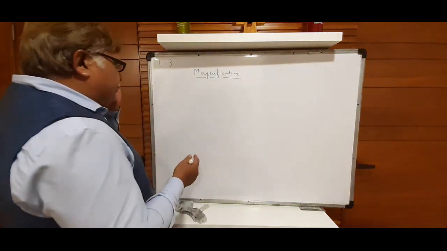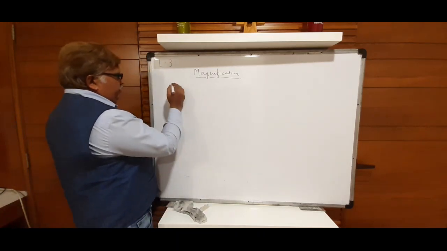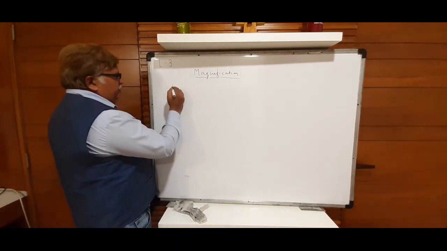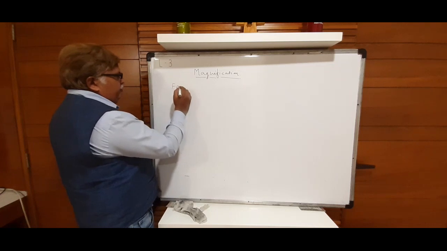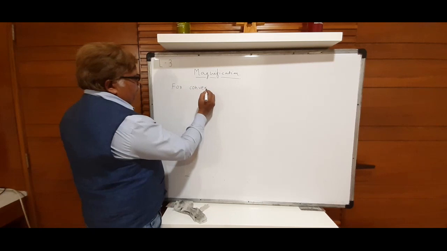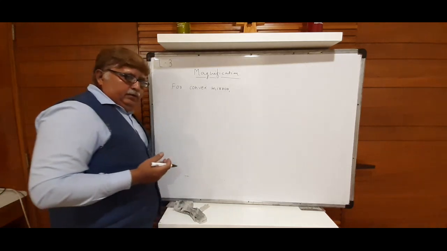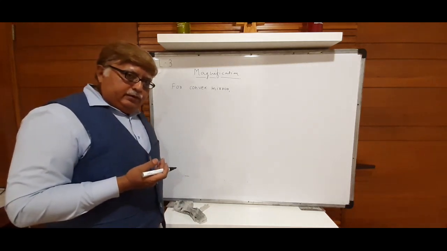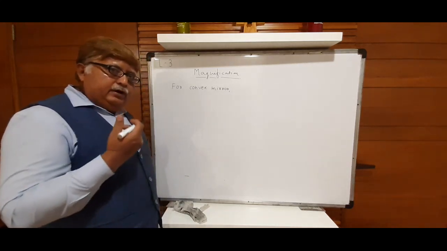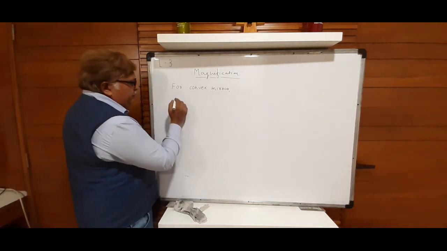First, because it is a convex mirror, note down for the convex mirror: the object is 5 meter away, and object distance is always taken as negative.